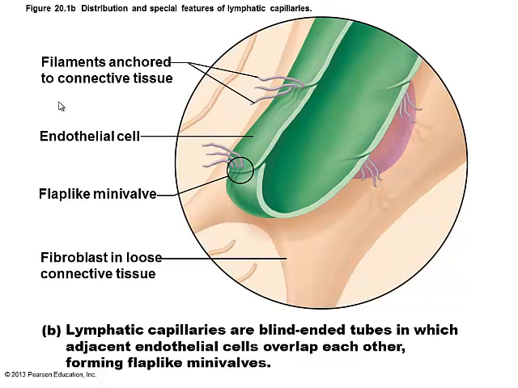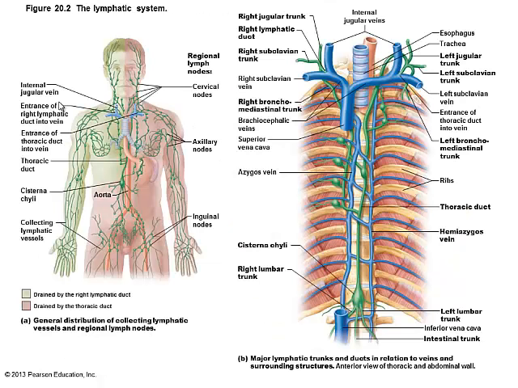They're calling them mini valves. But that's what's going to allow for that excess fluid to be absorbed in the tissues. And when we talk about the small intestine, we're going to talk about a structure called a lacteal. This is part of the lymphatic system that's going to help me absorb lipids into the circulatory system.